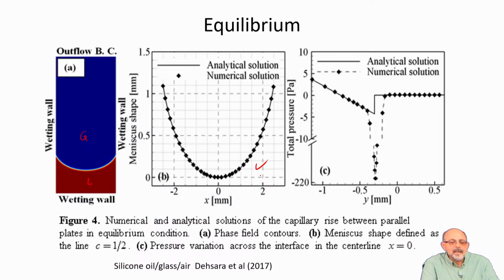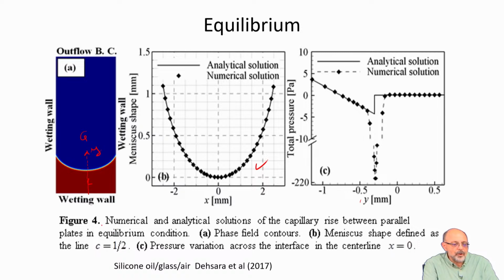Okay, but let's now look at pressure in the y direction. So we're looking at the pressure along this line. This is my y axis, right? Well, I have gravity.